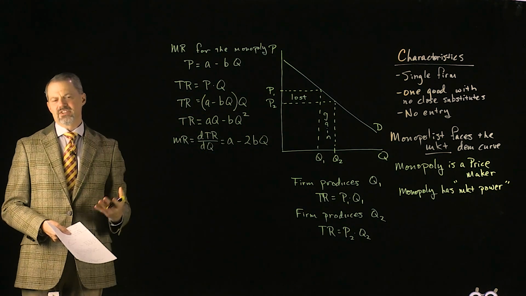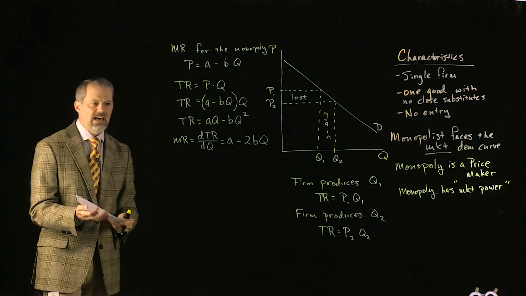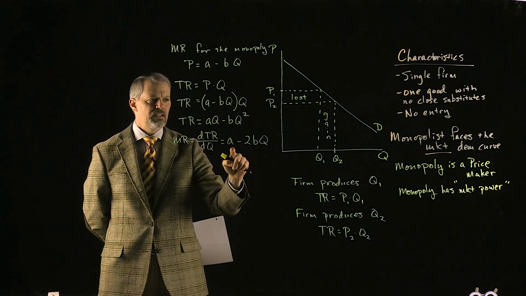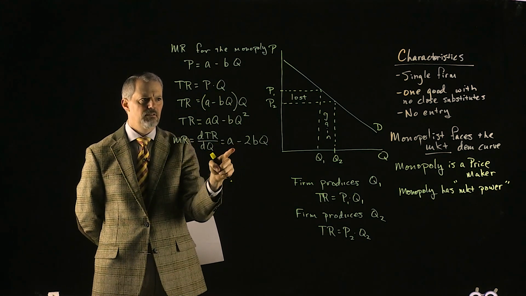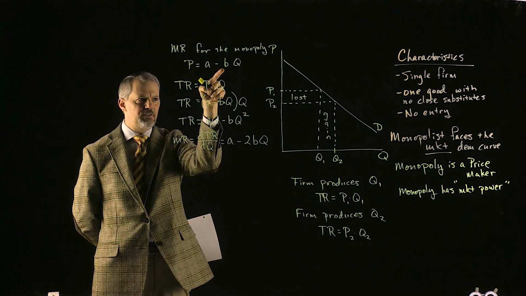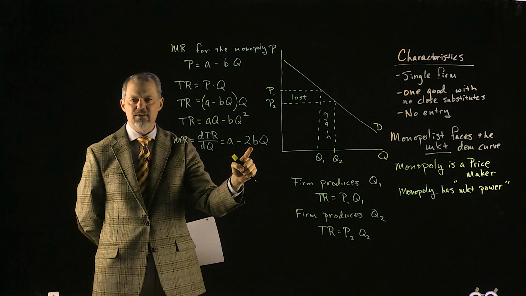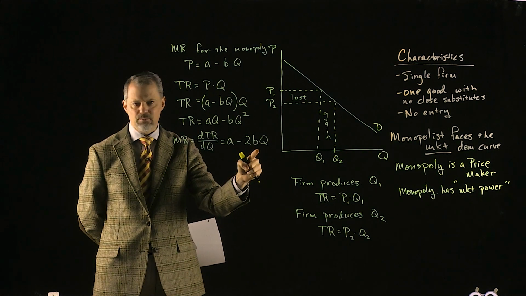And this gives us that well-known result that the marginal revenue curve for a monopoly has the same intercept as its inverse demand curve, and it has twice the slope. The slope of the inverse demand curve is B. The slope of the marginal revenue curve is 2 times B.